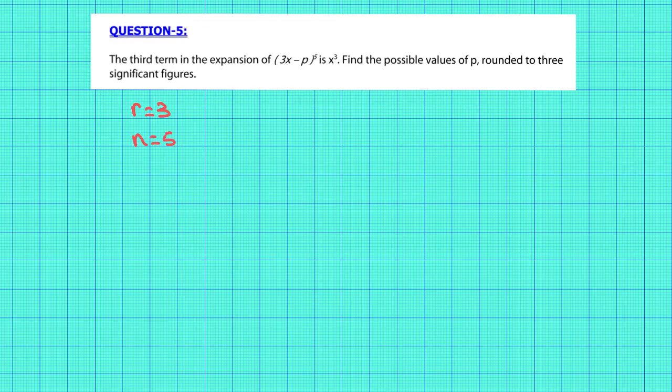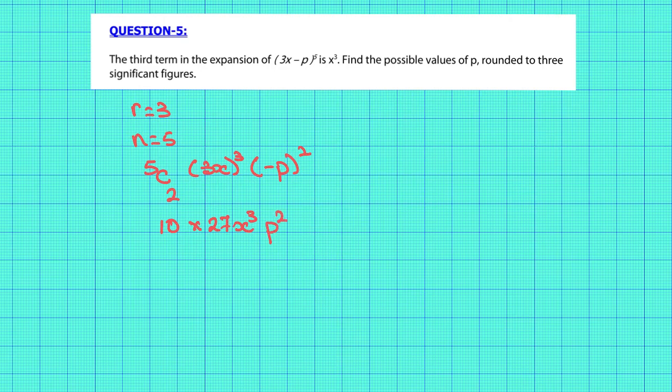Therefore, in the expansion, we get 5 choose 2, (3x) cubed, (minus p) squared. 5 choose 2 is equal to 10. (3x) cubed is equal to 27x cubed, (minus p) squared is equal to p squared.